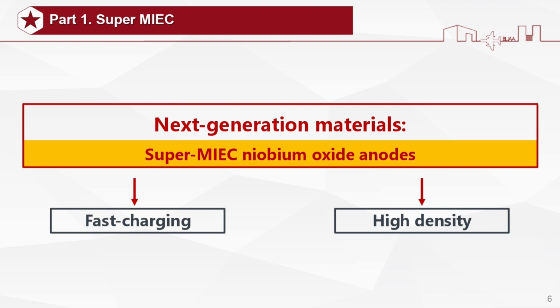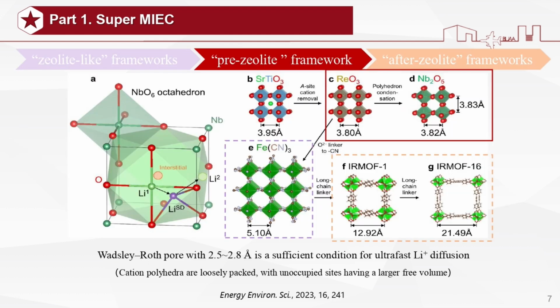So we first defined the supermix in the lithium-ion battery context to mean having an effective activation energy of less than 250 meV, which could give the lithium diffusion like this one.